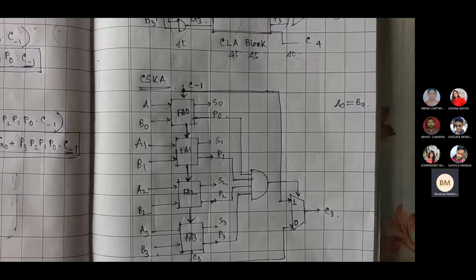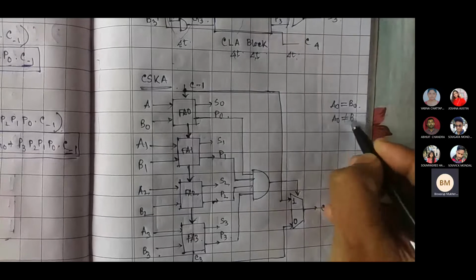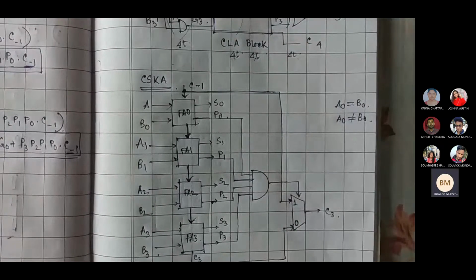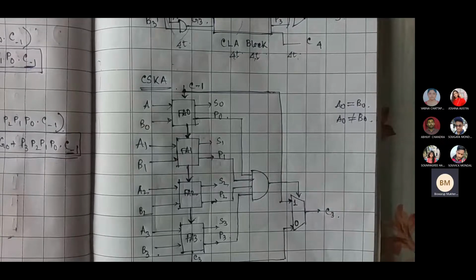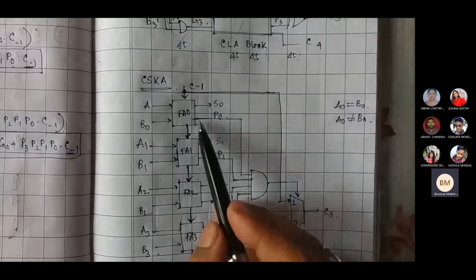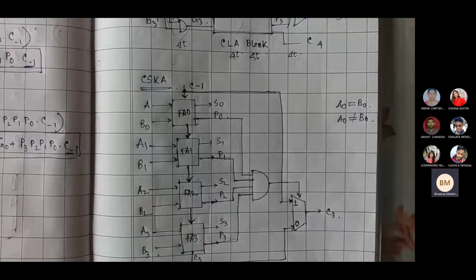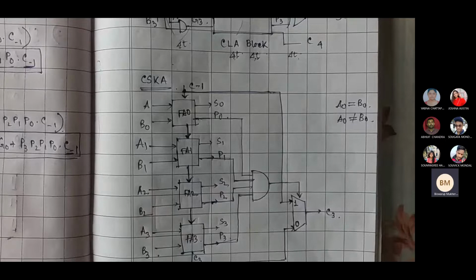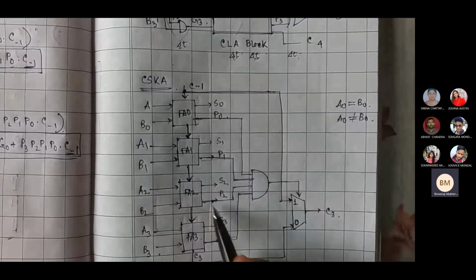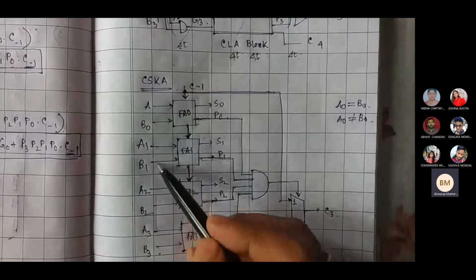And there is another possibility, when A0 is not equal to B0. When A0 is not equal to B0, then this P0 output will be high. P0, P1, P2, P3, because these are the XOR operations, right? If A0 and B0 are not equal, then the corresponding P0, P1, P2, P3 will be high.